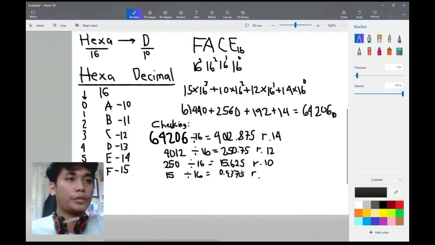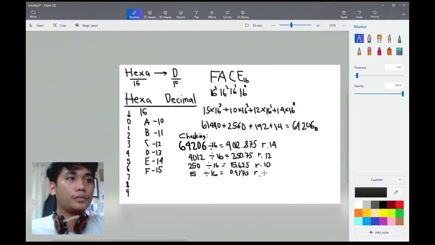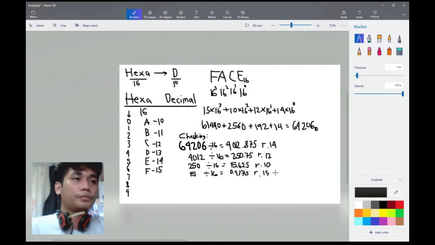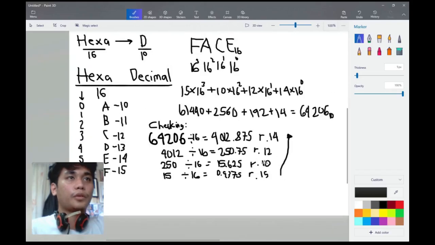The remainder is 15, because 0.9375 times 16 is equal to 15. So we have 15, 10, 12, and 14. So that corresponds to 15 F, 10 A, 12 corresponds to C, and 14 corresponds to E.